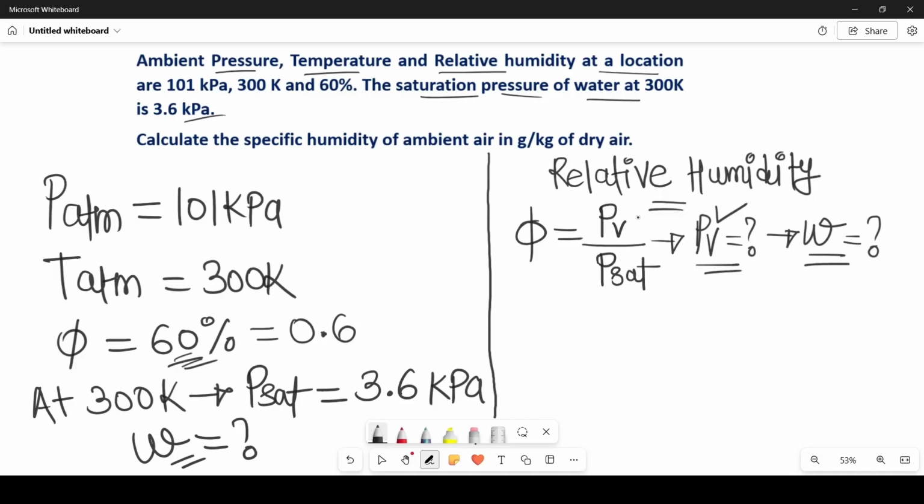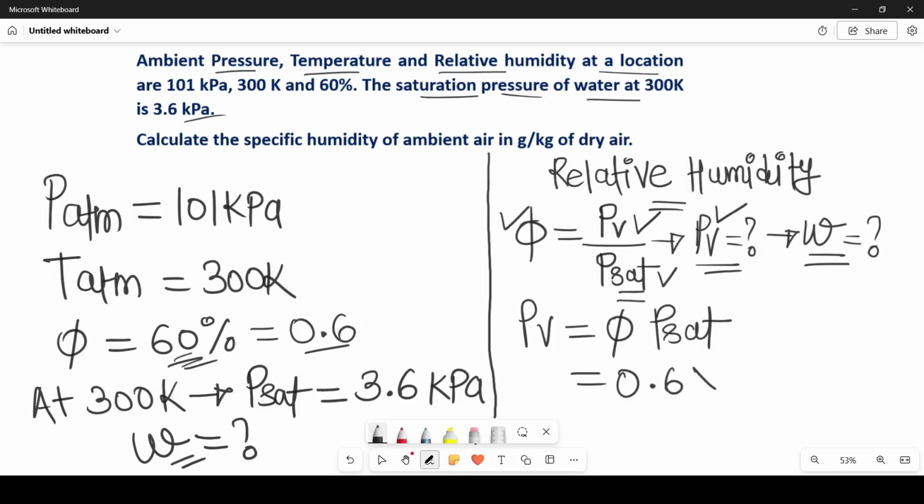The relative humidity is PV divided by P saturation, where relative humidity is already given to us, and P saturation at 300 Kelvin is also given to us. I can also write PV is equal to relative humidity multiplied by P saturation. How much is relative humidity? It is 60%, which is equal to 0.6, multiplied by the saturation pressure at 300 Kelvin, 3.6 kilopascal.